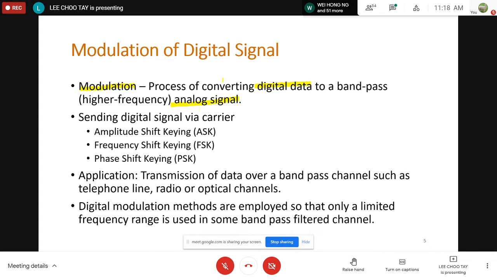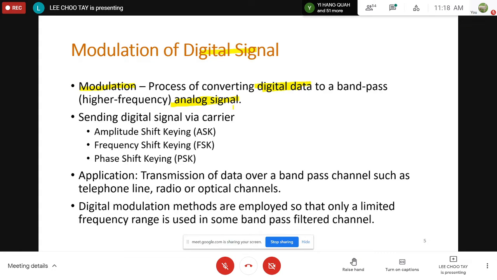We actually convert a low frequency analog information into a high frequency analog signal. So again, for digital signal modulation, we convert our digital signal or digital data to analog form, and this is normally very high frequency compared to the digital data itself.